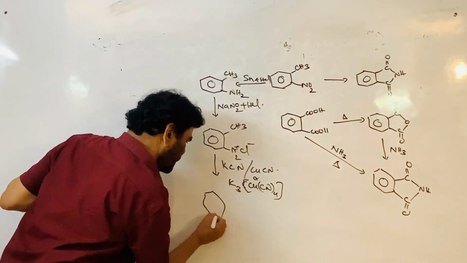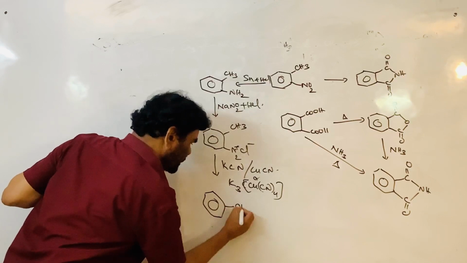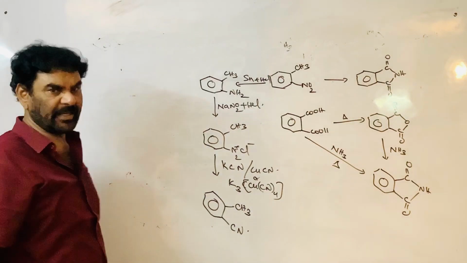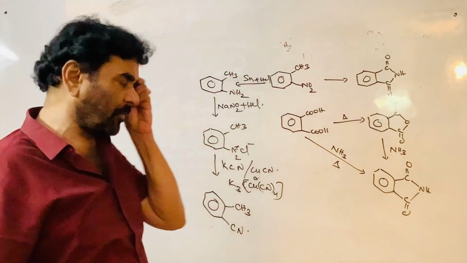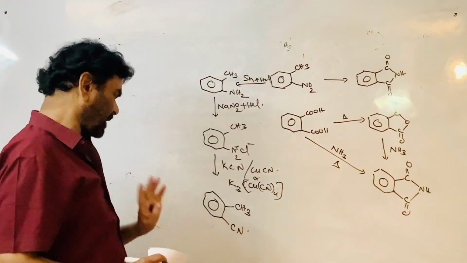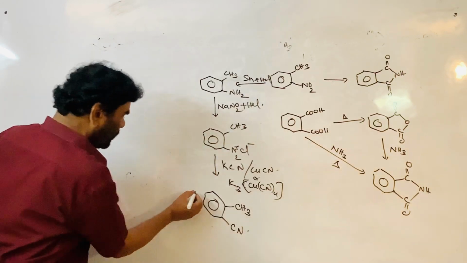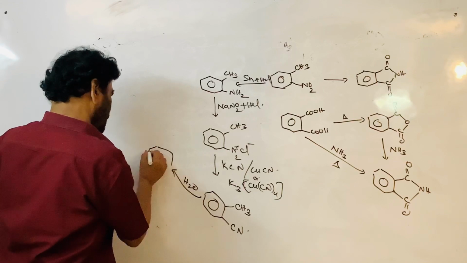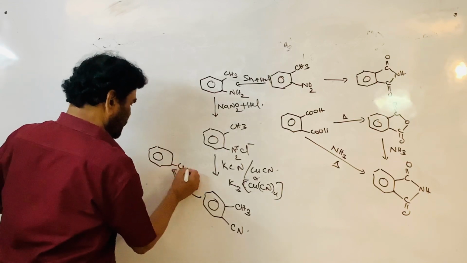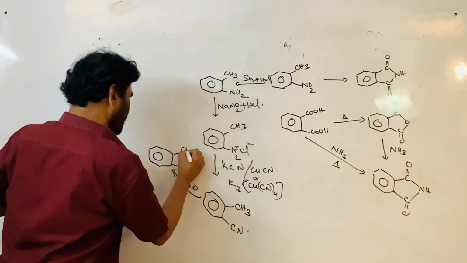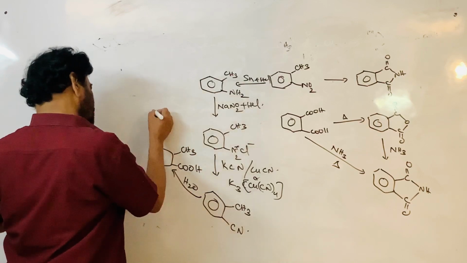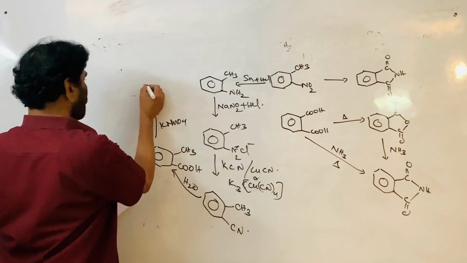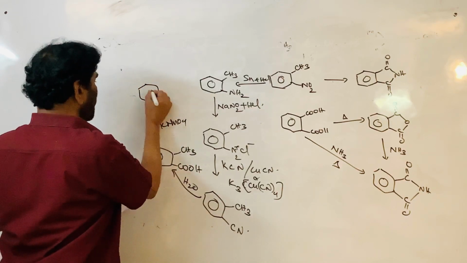What happens here: this is CH3, and the cyano group is introduced through the aromatic amino group. This part is over. Now on hydrolysis, let it convert into the carboxylic acid COOH. This is CH3. Now treatment with KMnO4 oxidizes the methyl group to its corresponding carboxylic acid.